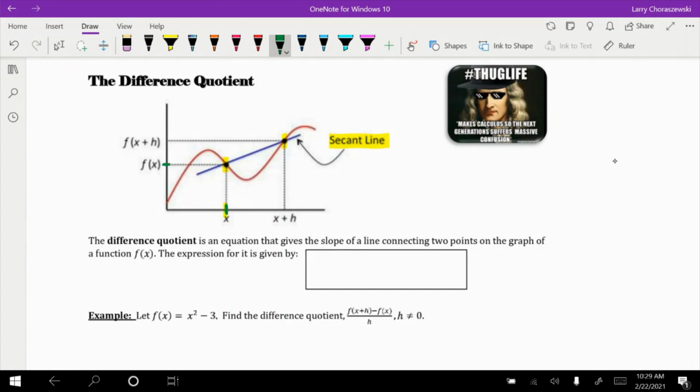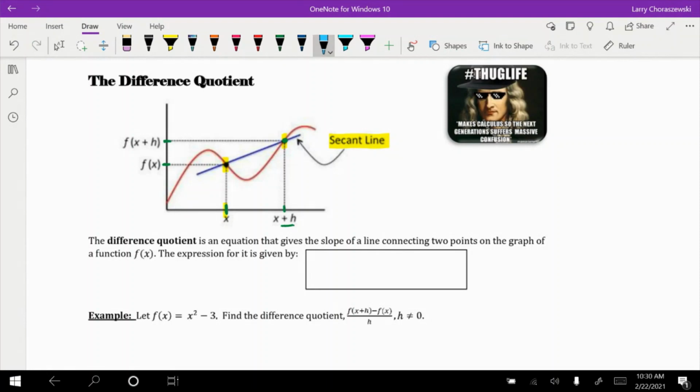For the higher point of the secant line, they're writing out the x coordinate generically. We'd probably have to add a little bit to x to go further to the right on this number line. So they're indicating that little bit by the letter h. And so if this is the generic x coordinate for this higher point, then we would plug this expression into the function to get its corresponding y coordinate. In other words, f of x plus h.